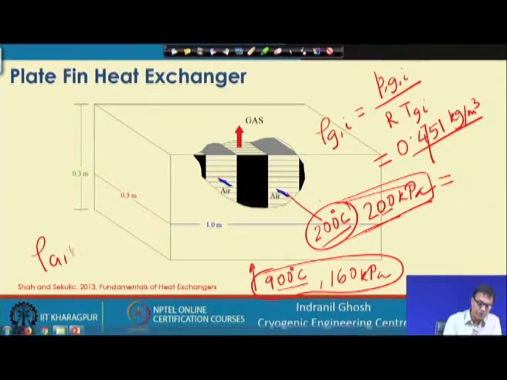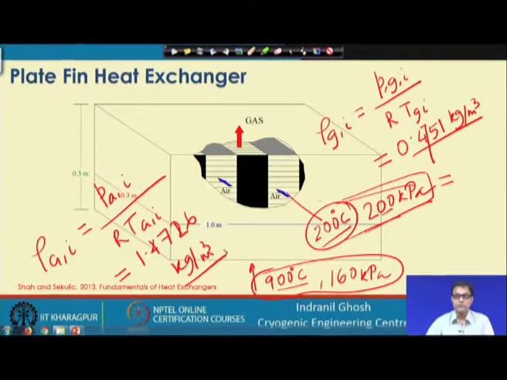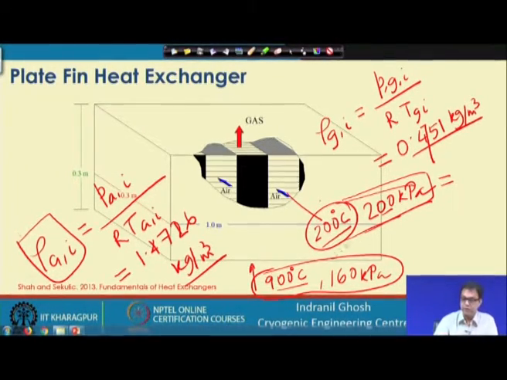Similarly, rho of air at the inlet can be considered as P a i divided by R T a i, and this will come out to be 1.4726 kg per meter cube. Now we know the corresponding densities at the entry, and we have the knowledge about the volumetric flow rate, so we will be able to calculate the mass flow rate of the air and the gas.